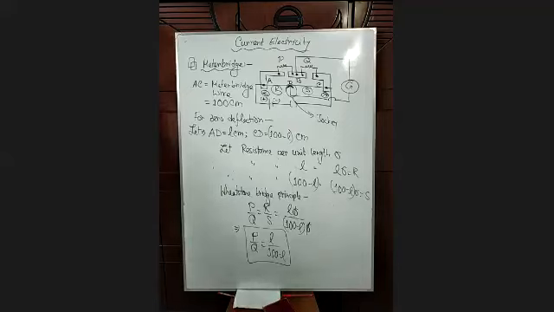The zero deflection of the galvanometer is found at 20 centimeter from the right point of it.